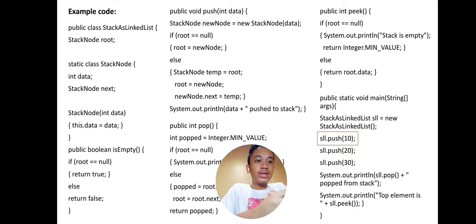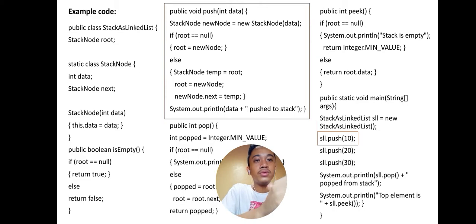Next it will read the SLL.push with a parameter value of 10. This means that it will call the object and access the push method. So here we can now access the methods in our class stack as linked list.